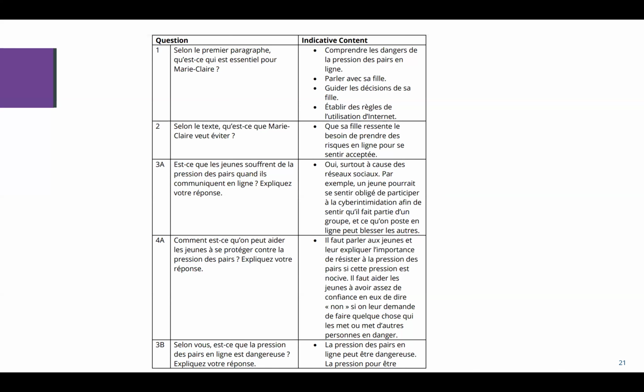These answers are not hard and fast. They are just an indication of the kinds of things they could put down. So when you're looking at this mark scheme, you mustn't think for 3 and 4, oh my goodness, my candidate didn't say that in question 3A, therefore I can't give any mark.